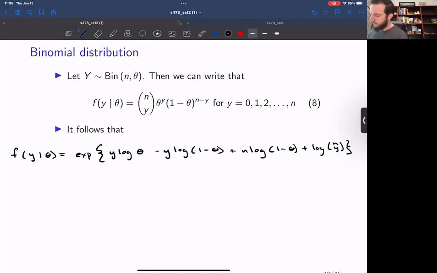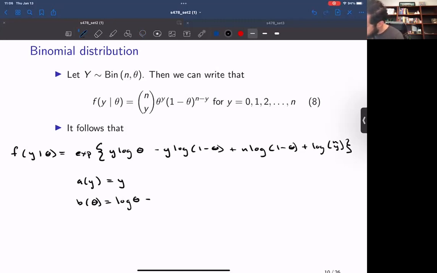Okay, so from this, we can see that this again is going to be written in canonical form. So we have a of y is equal to y. We have b theta is equal to log theta minus log 1 minus theta.